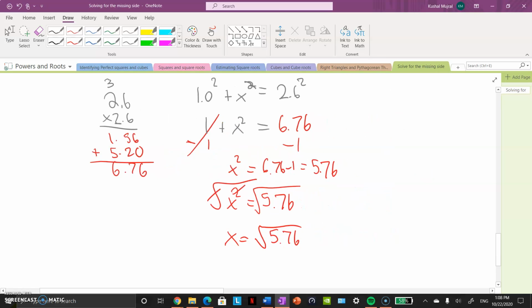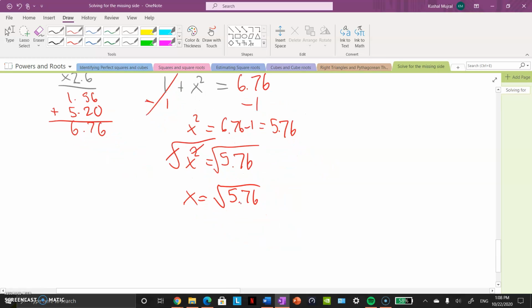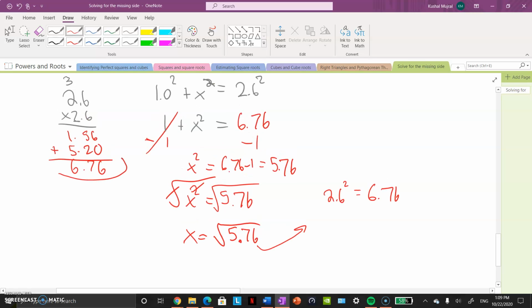Now, I wanted to do something here. Instead of prime factorizing it, because that's going to be really difficult since it's a decimal, what we could do is test some numbers. Okay, so we know that 2.6 squared is 6.76, right? Just like how we solved over here.